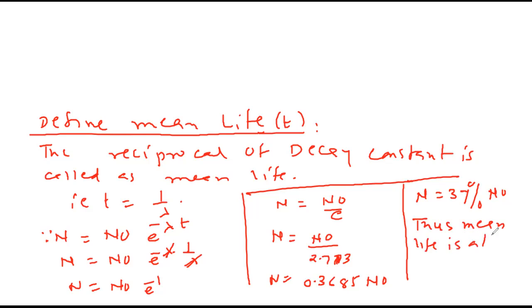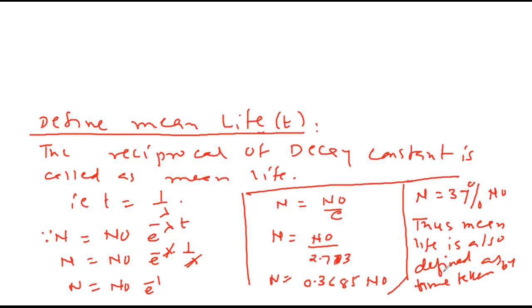is also defined as time taken by radioactive substance to reduce to 37% of its original value. At 50% it is half life, and at 37% then how much? It is called mean life.